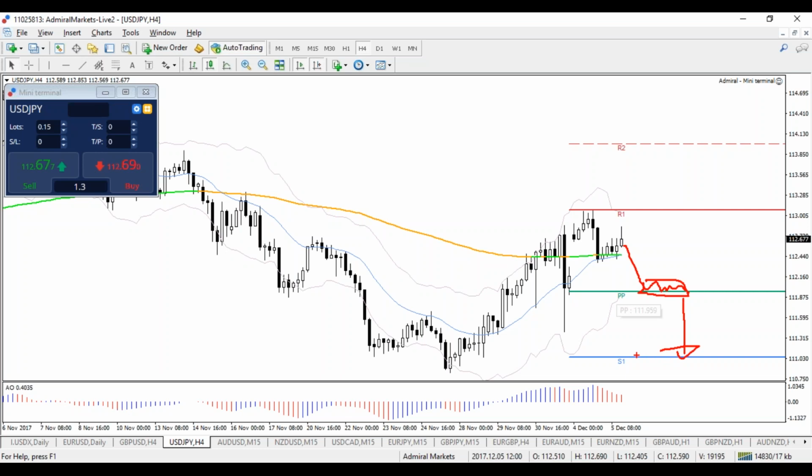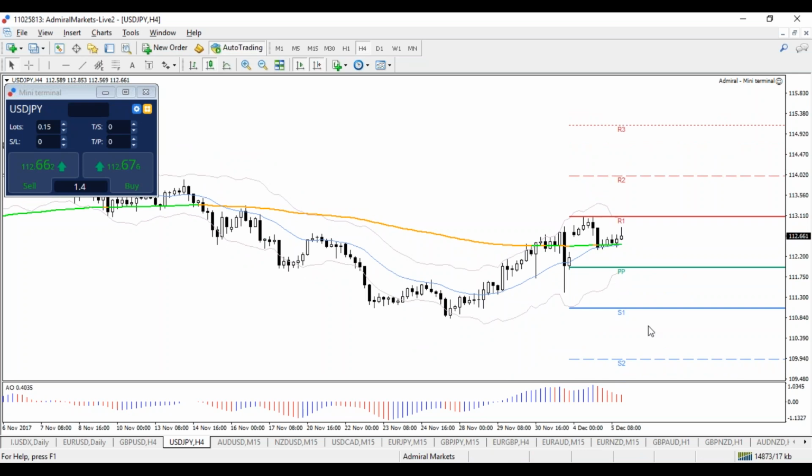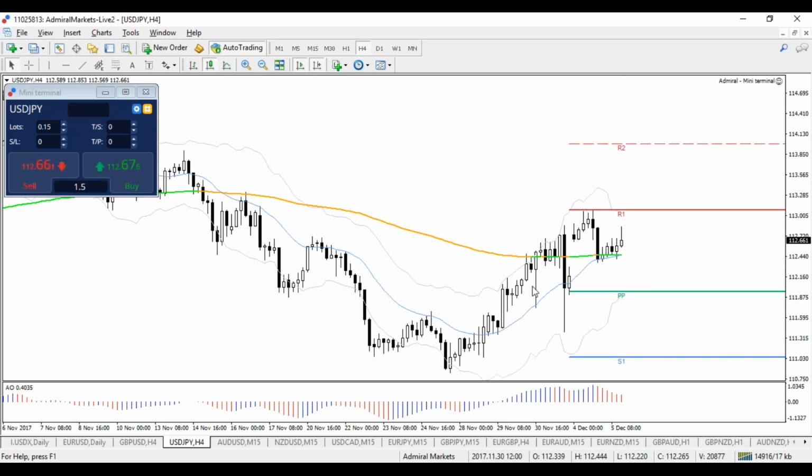In that case, there could be a space from the weekly pivot point down to this Admiral Market pivot point S1, and then perhaps an extension down to the S2, which is at 110, the round level. So that is my view on the dollar yen.